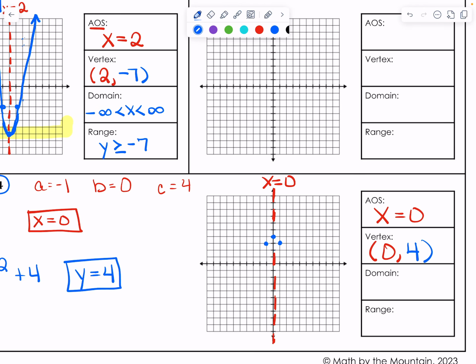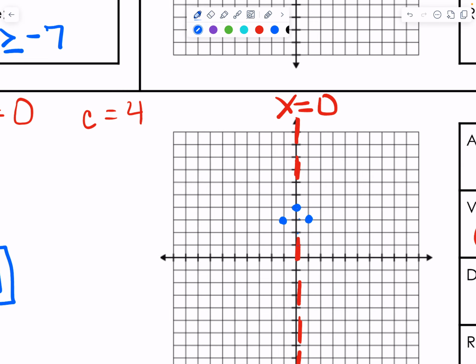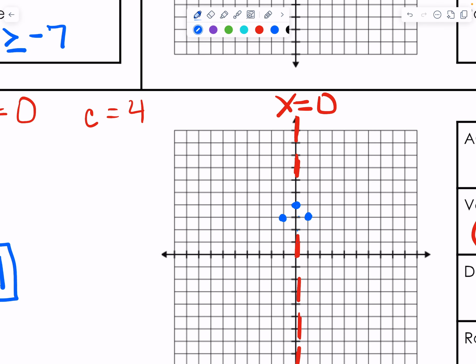However, that's really small. So this is when I'm going to take that 1, 3, 5 rule. Negative 1 times 1 is negative 1. Negative 1 times 3 is negative 3. So I go left 1 and down 3, right 1 and down 3.